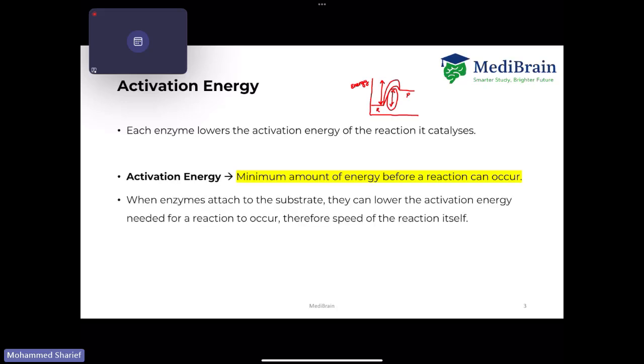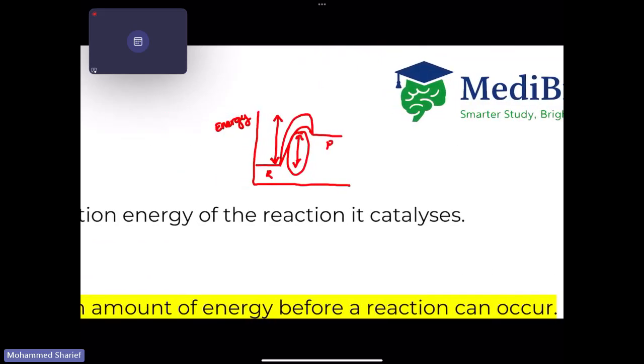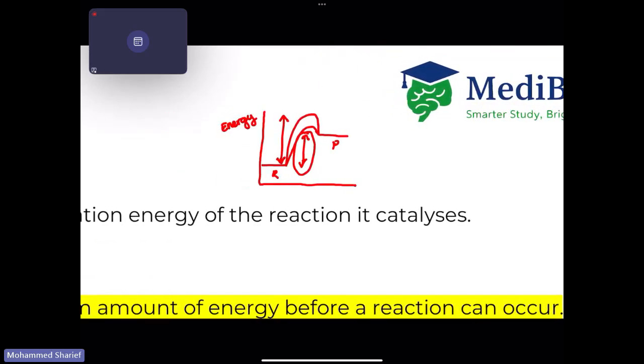When an enzyme attaches to the substrate, they can lower the activation energy needed for the reaction to occur, therefore speeding up the reaction itself. So imagine this cycle over here. If we have less energy required for the reaction to take place, what actually happens is that because less energy is required, the reaction can occur faster.